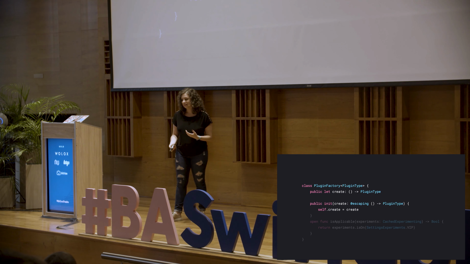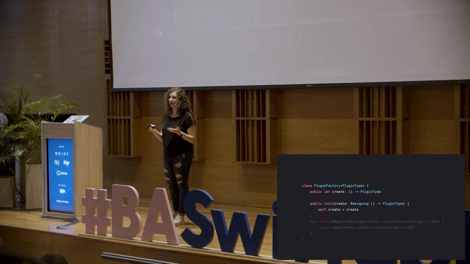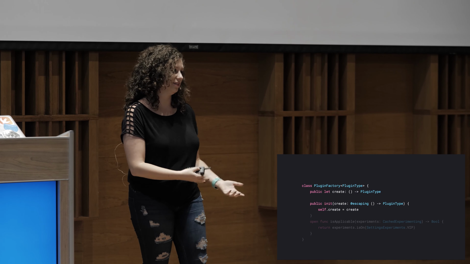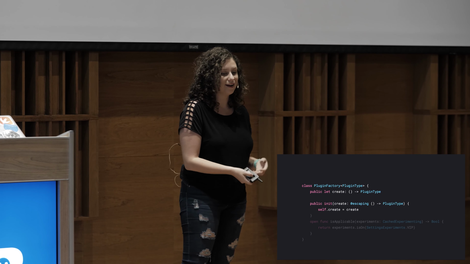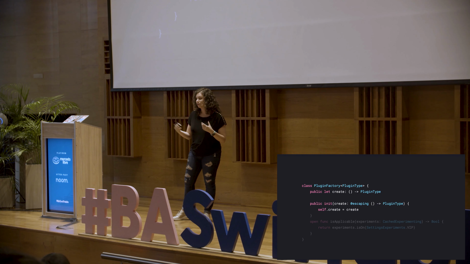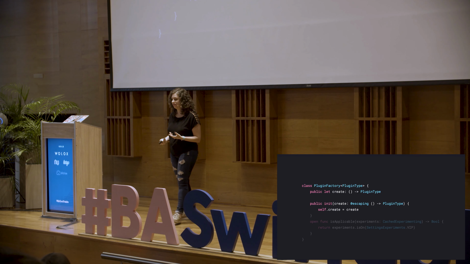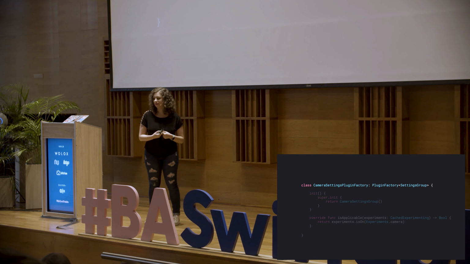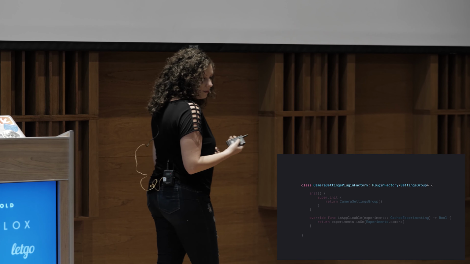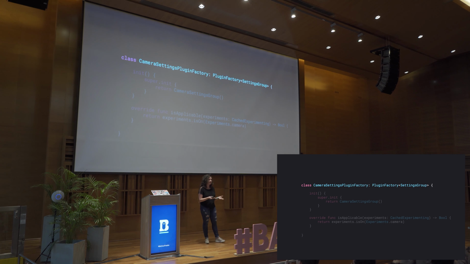So the plugin factory itself, to accommodate that the feature can be anything, we just put a generic there. And the plugin factory has a plugin type that you just conform your feature to, and it can be anything. So, for example, I'm going to show you how to use that for a camera settings plugin factory.